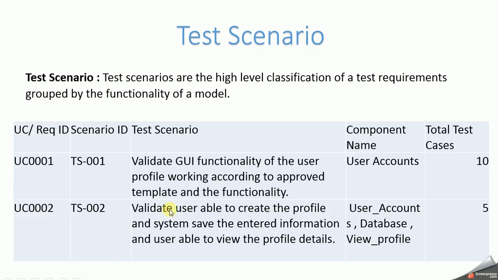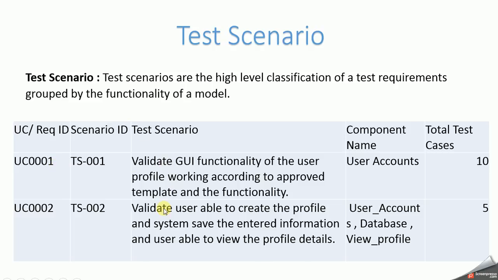So here is the test scenario, as I said, a high level classification of the test requirements grouped by the functionality of a module. If you see here, I have the requirement and the test scenario.